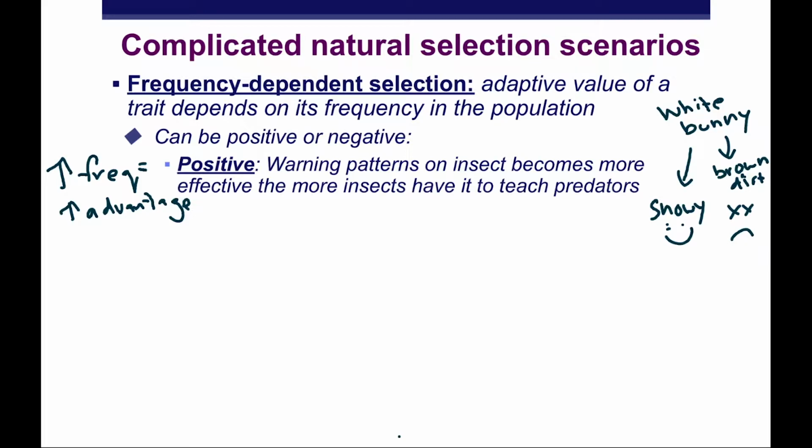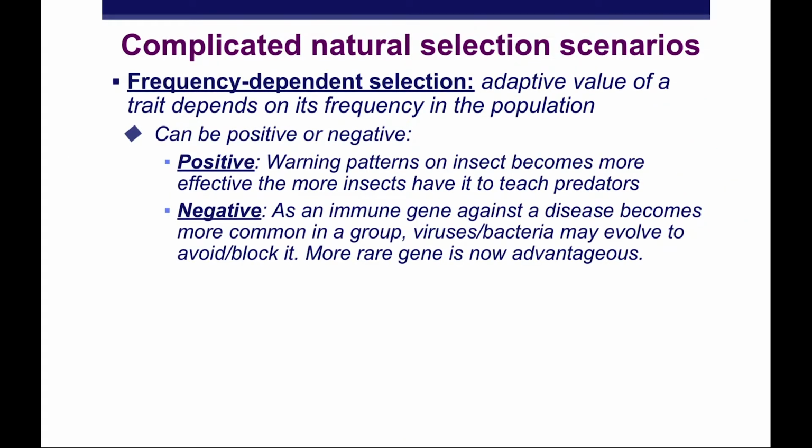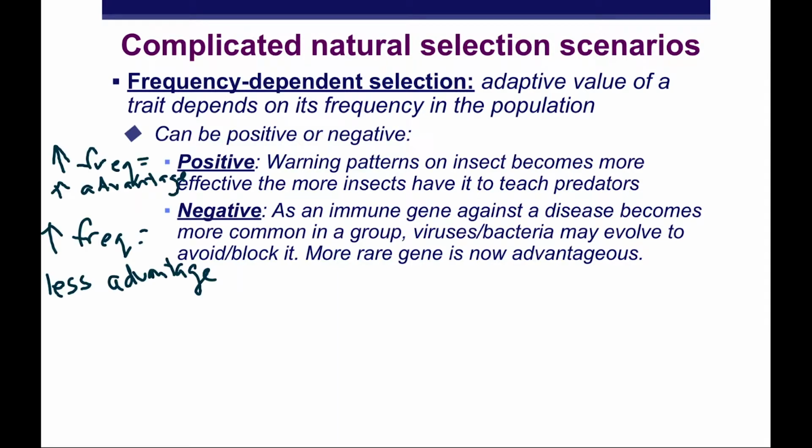Another type of frequency-dependent selection is negative selection. Okay? In this case, negative frequency-dependent selection is sort of the opposite. So I'll just write that down. This is an example of when a huge group of organisms all have different characteristics that a virus or bacteria likes.